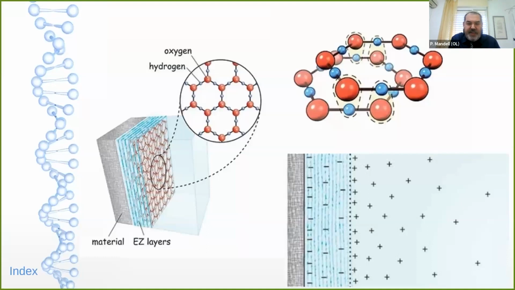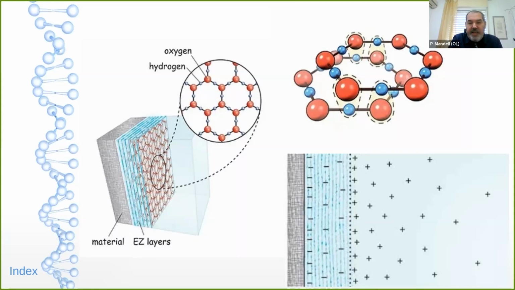And first, let's explain how EZ water is made. The first layer, the grayer layer at the left of the screen, to your left, you see a darker gray. That is a hydrophilic substance, meaning water-loving substance, and when water in the container comes up against it, it creates an exclusion zone.